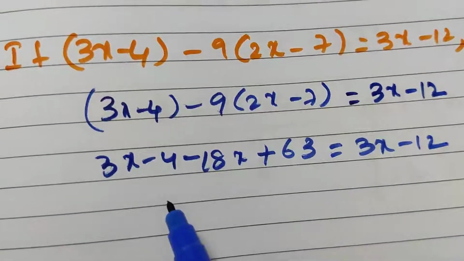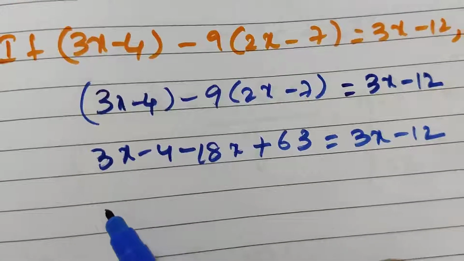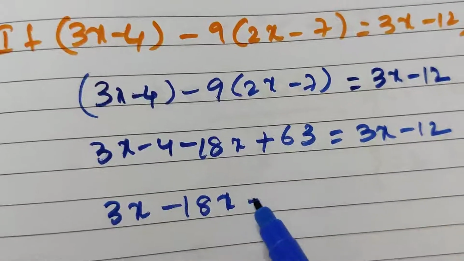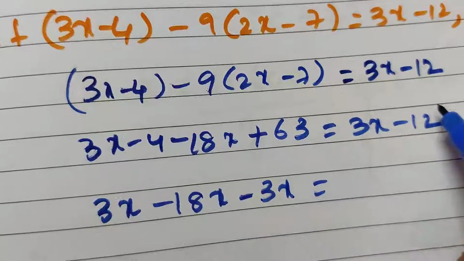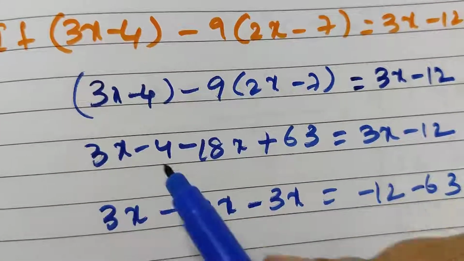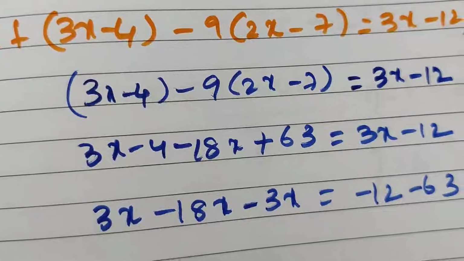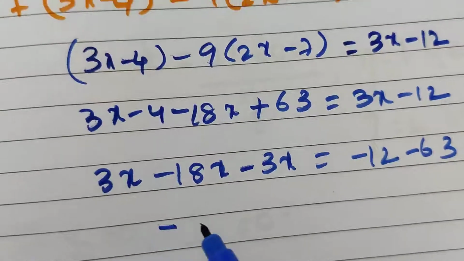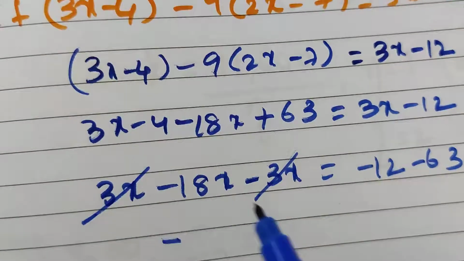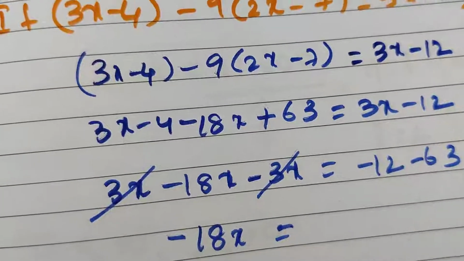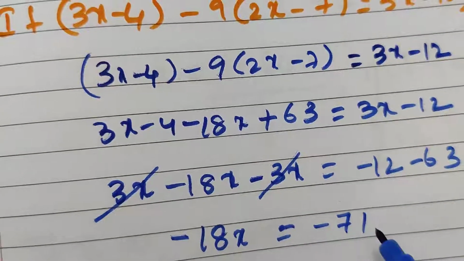Taking all x terms one side and constants to the other side. 3x minus 18x, only this x is coming this side, minus 3x. Here this will be the same, minus 12, this will go minus 63 and plus 4. So this value will be minus 18x, because plus 3x and minus 3x will be cancelled. Minus 18x is equal to, this value will be minus 71.